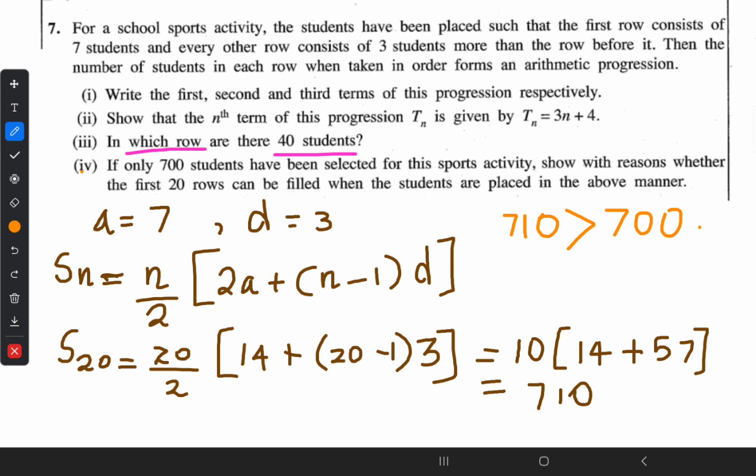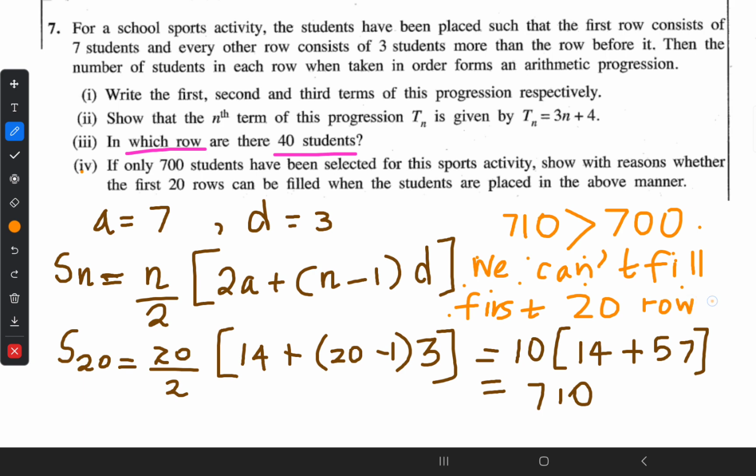Then you should write your reason: to fill the first 20 rows, 710 students are needed. So we can't fill the first 20 rows with 700 students, because we need 710 students to fill the first 20 rows.